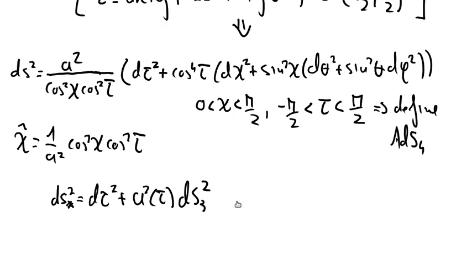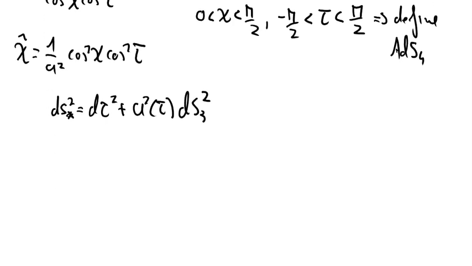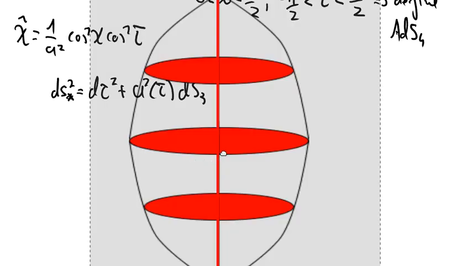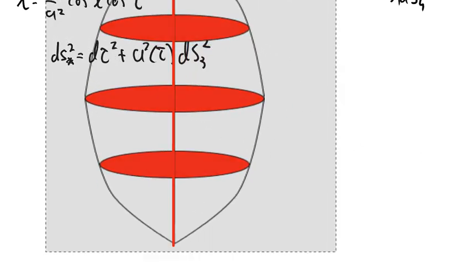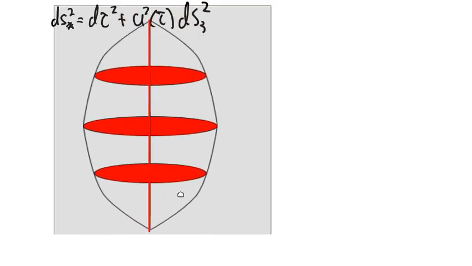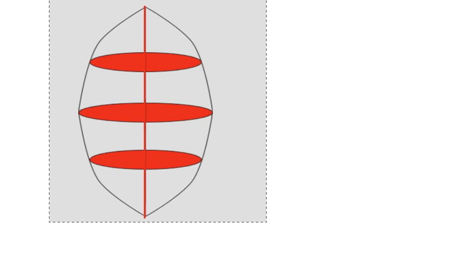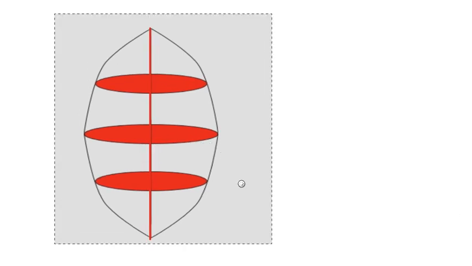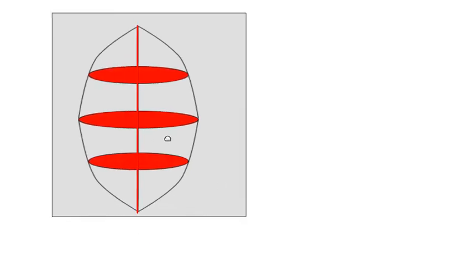Okay, so we can just give a picture of the cosmological model. Here it is again. I have to rescale the picture, a bit smaller.